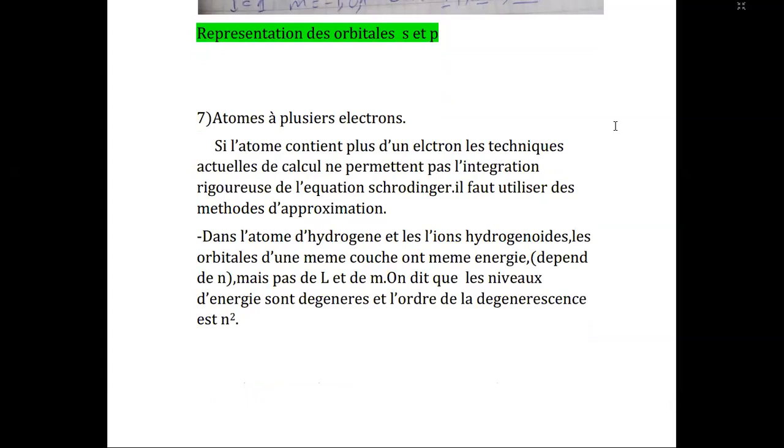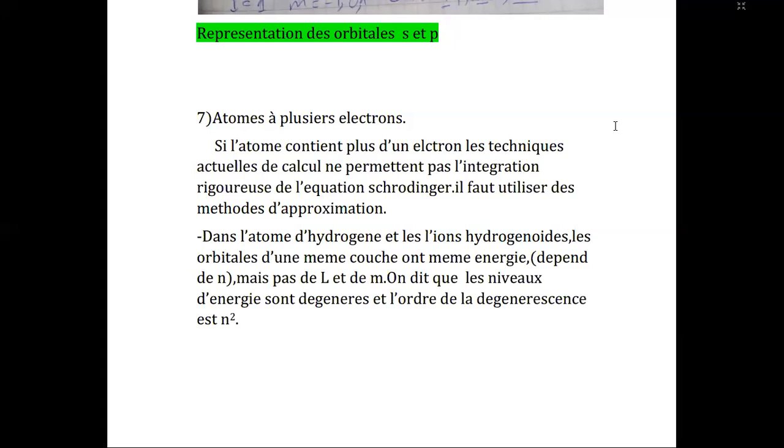When you are studying Rutherford, Bohr, Schrödinger, de Broglie, those are dealing with atoms with one electron, like hydrogen and hydrogenoids. The hydrogenoids are those that have lost almost all their electrons and remained with only one electron in the outermost shell.